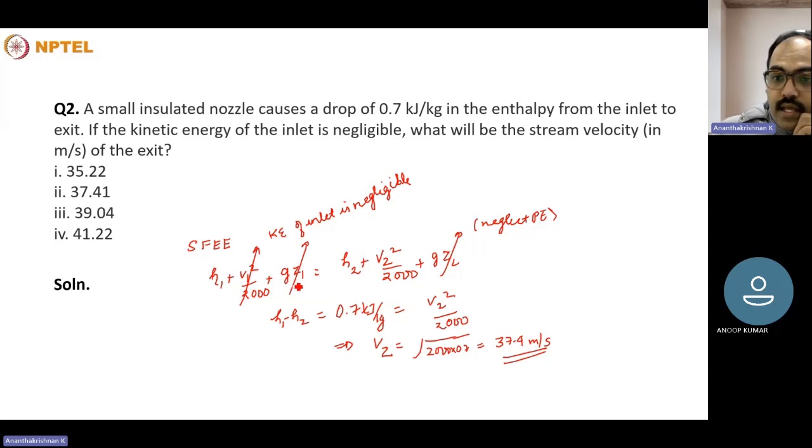Similarly, you have to divide gZ by 1000 as well, though since we have ignored it, I haven't mentioned it in this problem. So velocity squared divided by 2000 will be in the same unit as enthalpy, kilojoule per kilogram, and from there we can calculate directly. So the answer is option B.